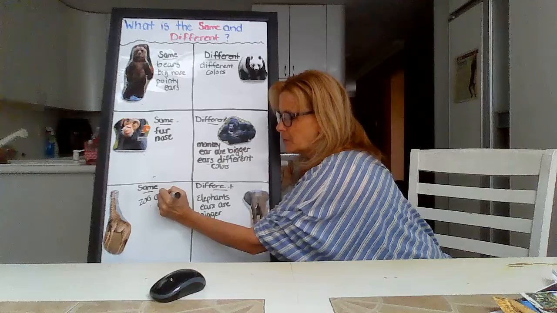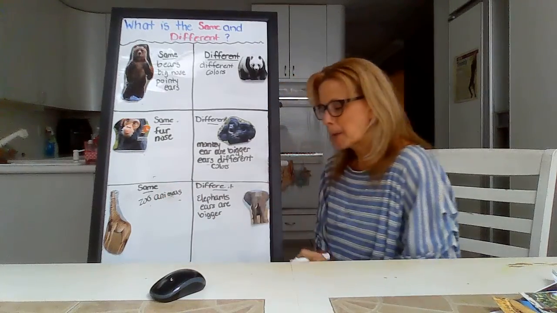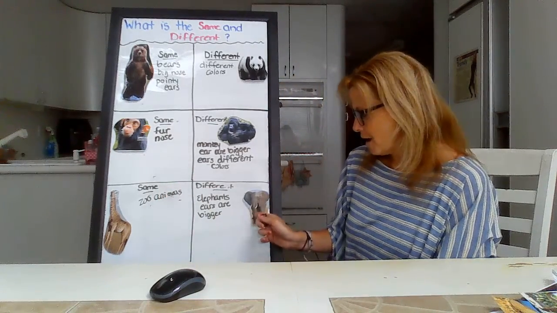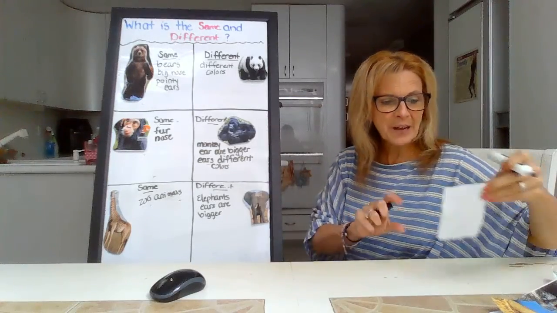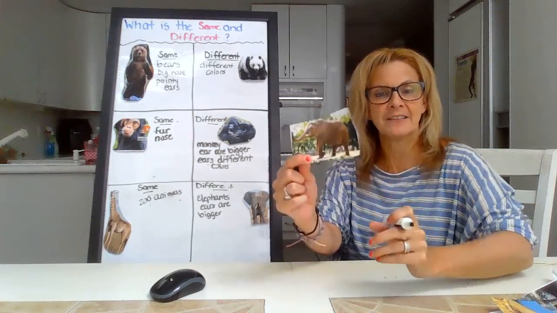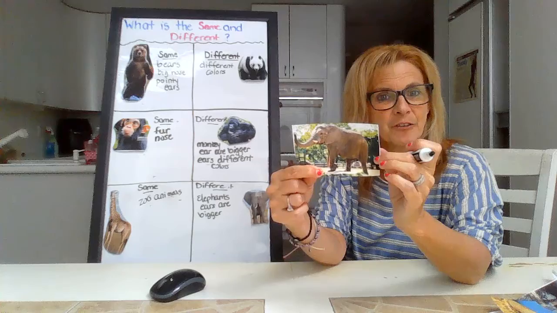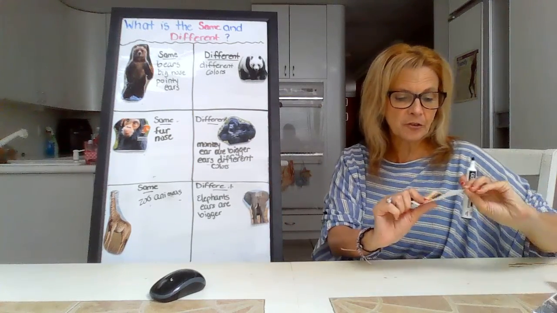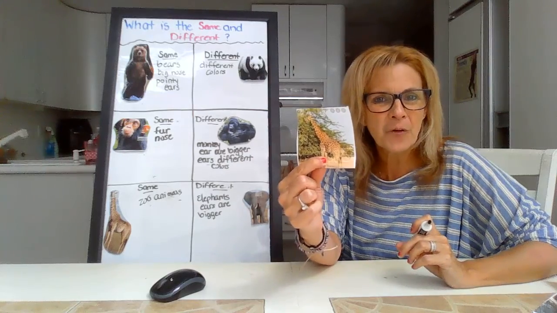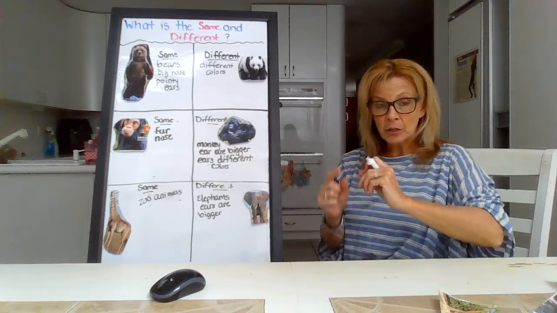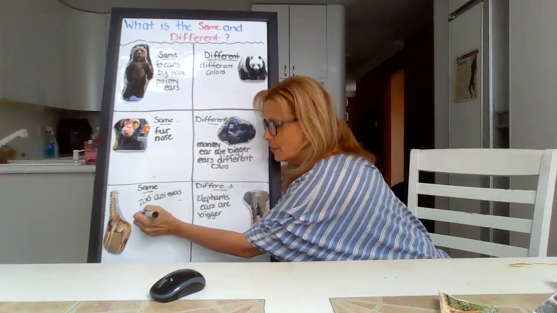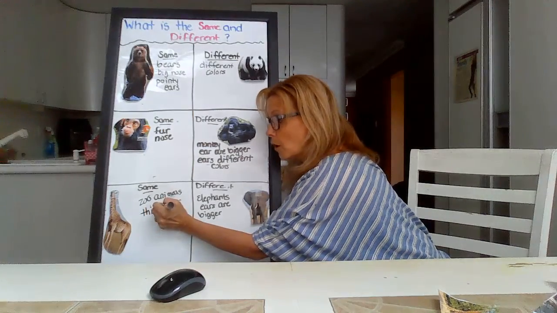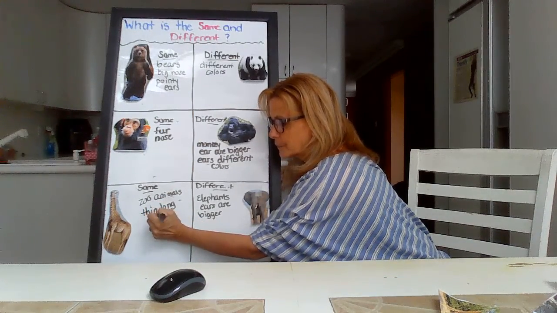They both live in the zoo. That's right. And you can't see it in this picture, but elephants have a small, thin tail, and so does the giraffe. They both have thin, long tails.